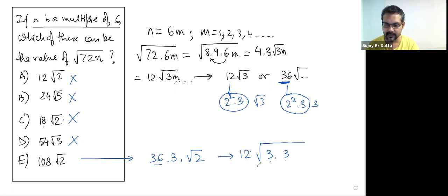Not only has a 36 come out, but a 3 has also come out. So that means there must have been another 3 squared. This 3 squared square root is 3, that 3 has gone outside. So these two combined, one 3 goes outside, makes it 36. This 3 squared square root gives you a 3, and you still have another 2. So this is your value of m. That's okay, right? There is no restriction on what the value of m could be, and this satisfies all the conditions.